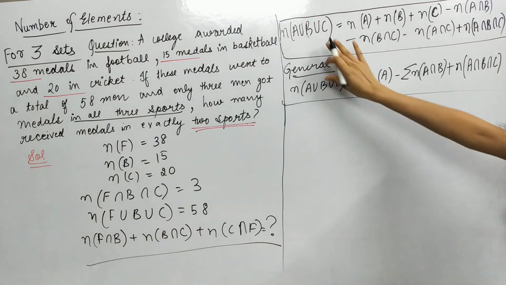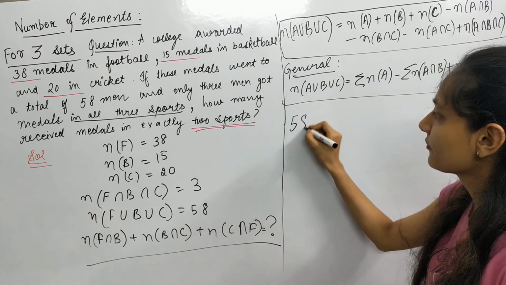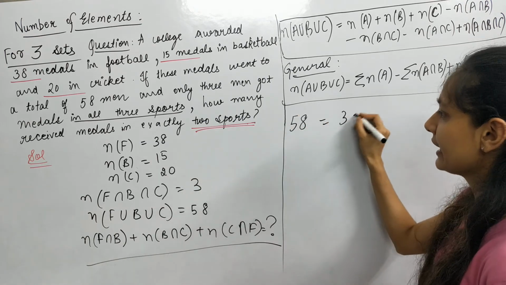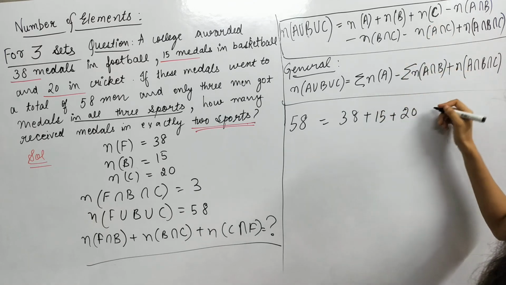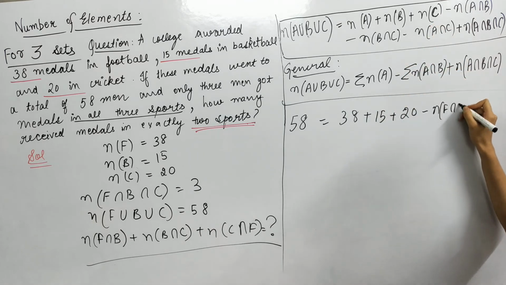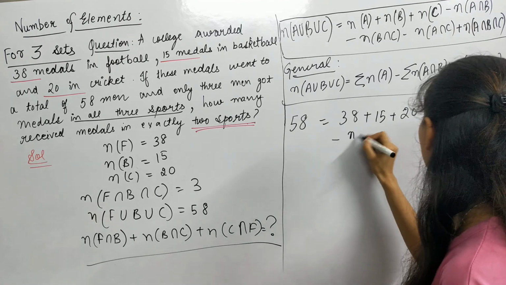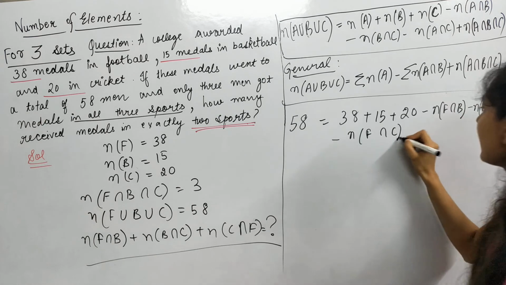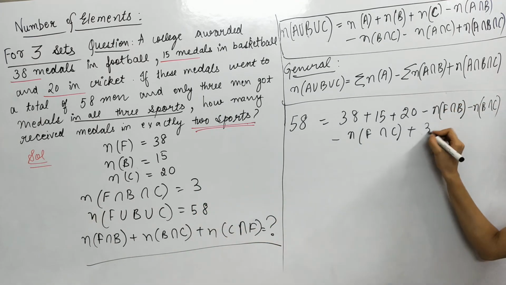तो by using this formula, when you use this formula, you put total number of men as 58. In football it is 38 plus 15 plus 20 minus the intersection of football and basketball, minus basketball intersection cricket, minus football intersection cricket, and the sum of all 3 medals is 3.